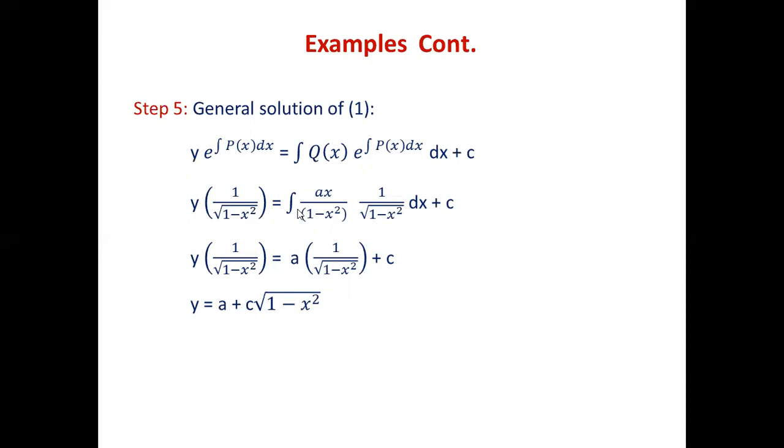So now the integral of this is equal to a by root 1 minus x square, because this is in the form of f of x whole power n, f dash of x, that is, a function power n and its derivative. So this is the general solution of the given differential equation. This is the first type.